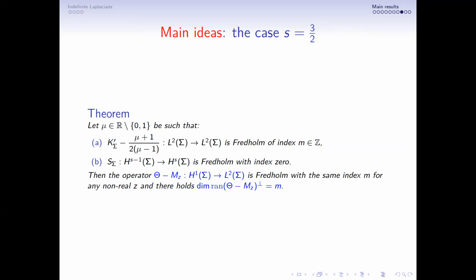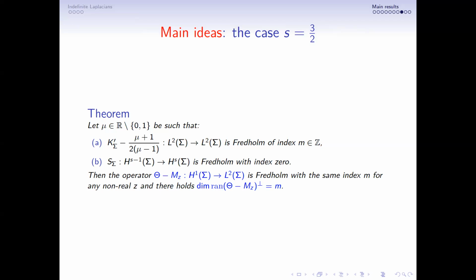And the dimension of the orthogonal of the range is exactly n. So in particular, under our assumption in the main theorem, that is n is equal to 0, theta minus mz is of course surjective. And this will show the previous result.